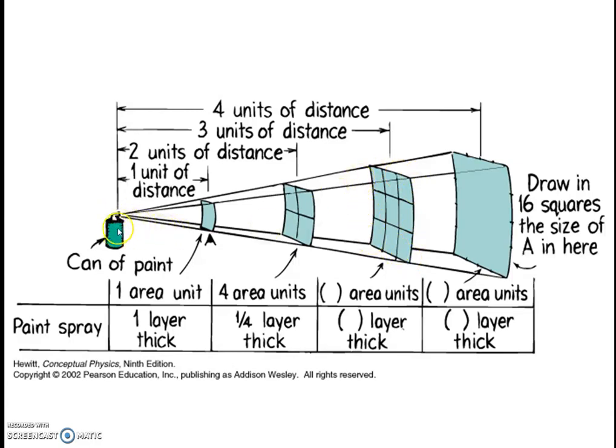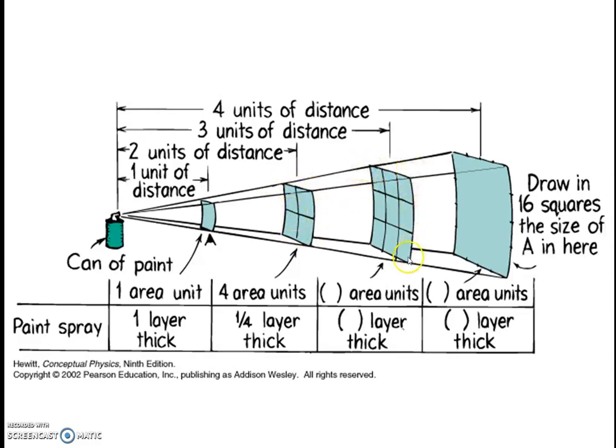Now, in the case of light, if this were a light bulb or a star, for example, instead of a can of spray paint, and if these were photons entering your eyeball instead of paint covering a surface, it's the same sort of thing. The same photons that would hit the telescope mirror here would be spread out over 4 times the area here, so each square would only get 1/4 as much light.